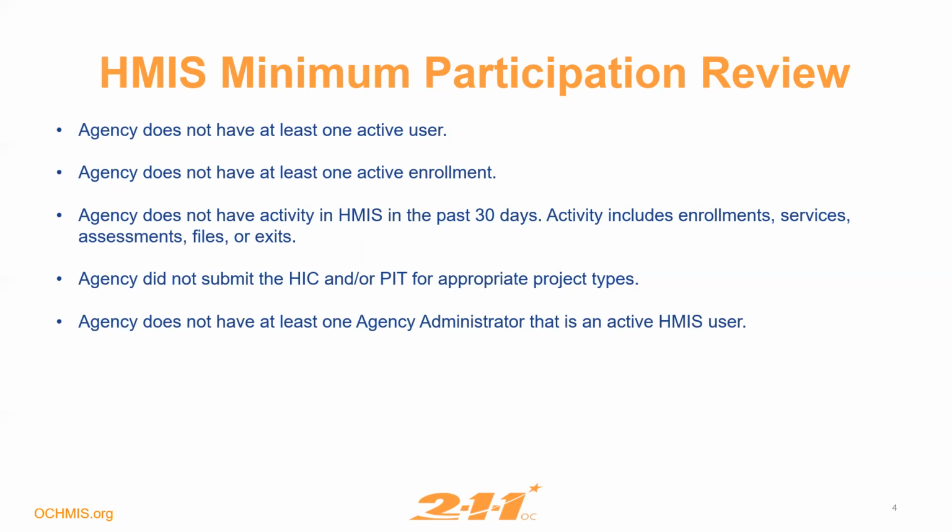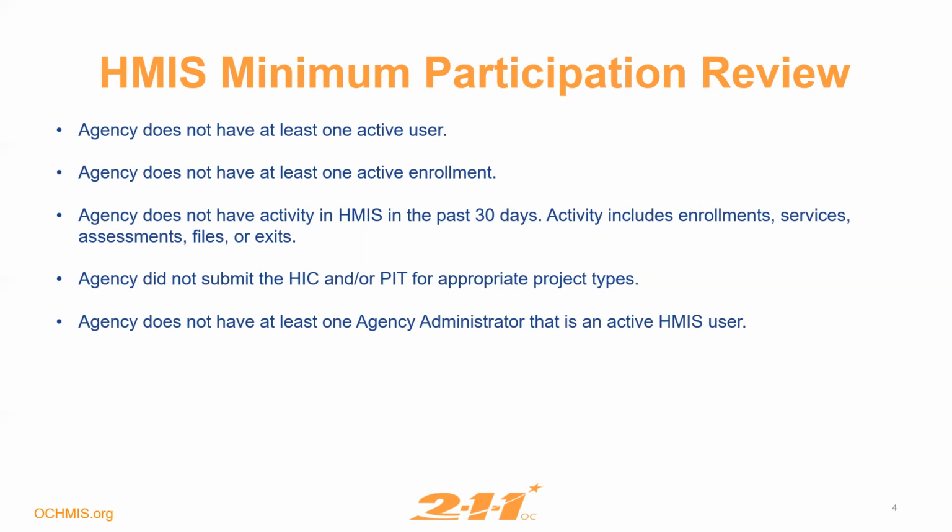They do not have any activity in the past 30 days, and I included what inactivity is considered here. The agency did not submit the HIC and/or PIT for any appropriate project types, and the agency does not have at least one agency administrator that is an active HMIS user. So those are the basics I had.